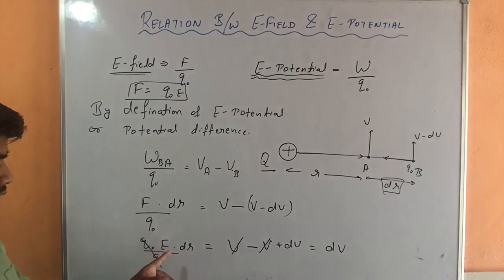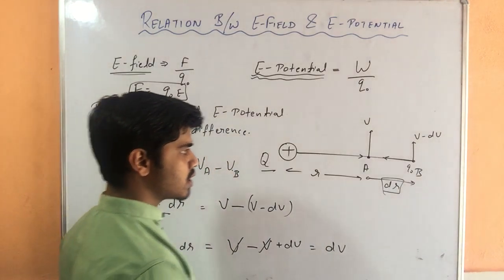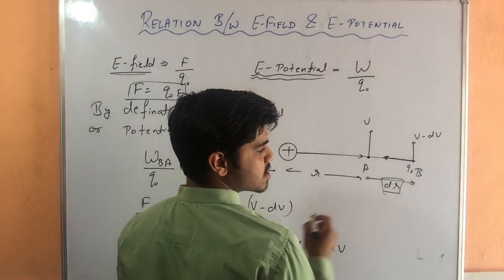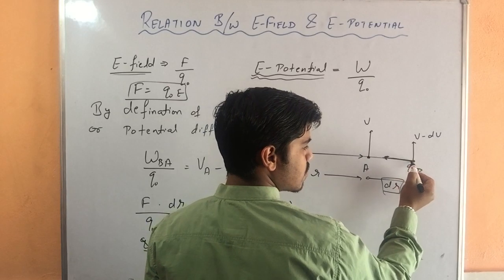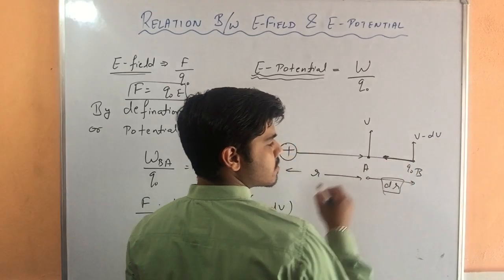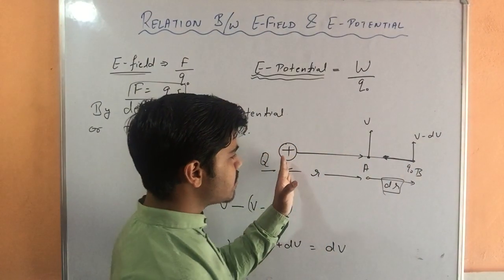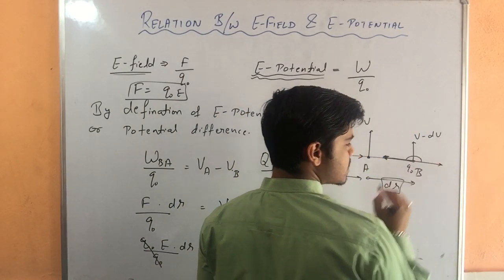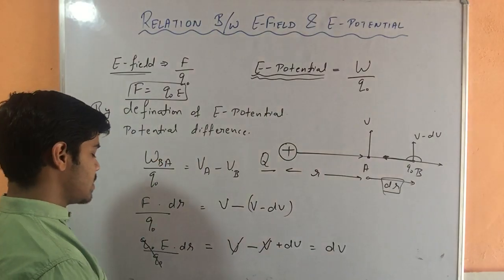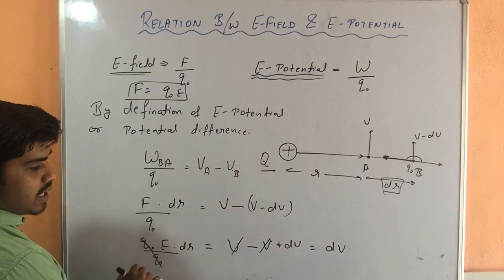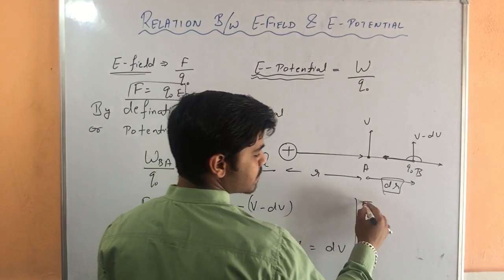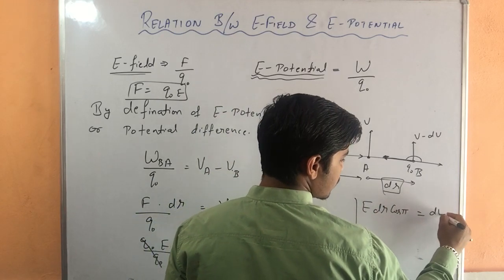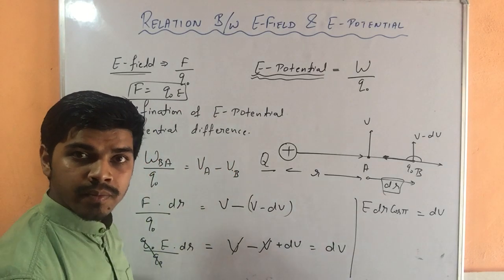And on the left hand side, after removing the dot product, as displacement or force is from B to A and the electric field due to this positive point charge is from A to B, hence the angle between them is 180 degrees. So E dot dr, after removing the dot product, is E dr cos pi, and from the right hand side it is dV.